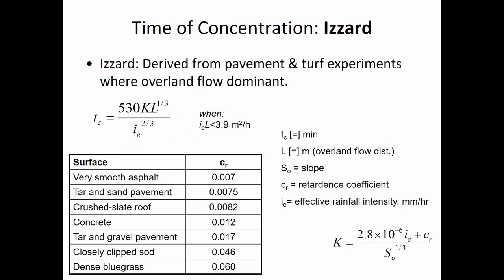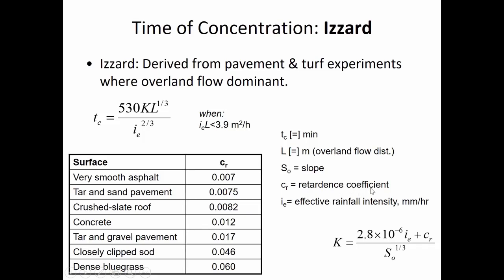Okay, so here's another formula type called Izzard. Again, we have effective rainfall intensity, and there's length that's being accounted for. But now, instead of the N value, they have their own special measure of roughness that they call the retardance coefficient.